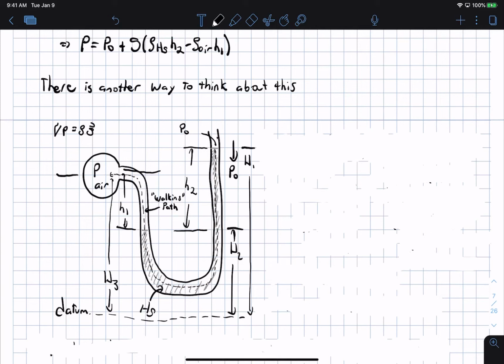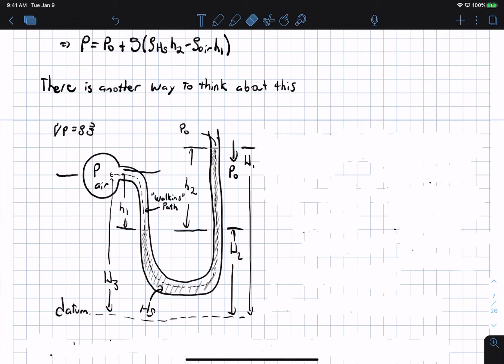It does not matter what fluid you are in, whether you're in the air or you're in the mercury, that always works. And you can still use a line integral, and you just pick a starting point, and you walk down the tube until you get to your ending point. And that is another way of doing it. And to me, that's a more natural way of doing it. Okay?